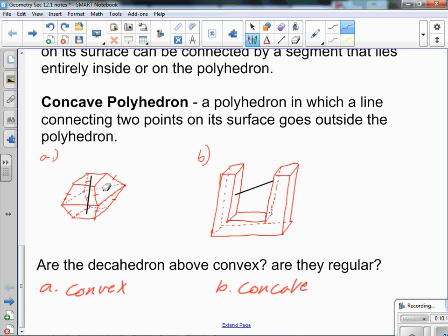But just being a trapezoid, we should know that all the sides are not going to be congruent in length. So the trapezoids are not regular. Plus another thing to notice is that we've got a bunch of trapezoids, but the top and bottom are squares. So you got two different shapes, so that automatically keeps it from being regular. So this one's not regular.